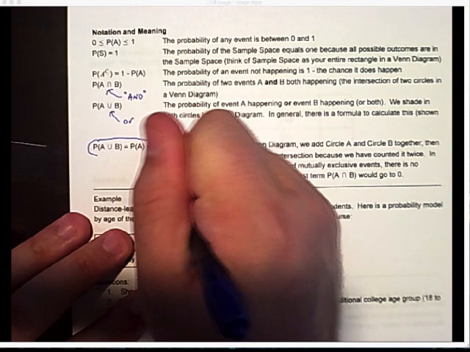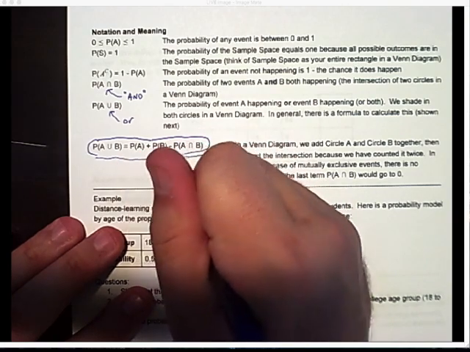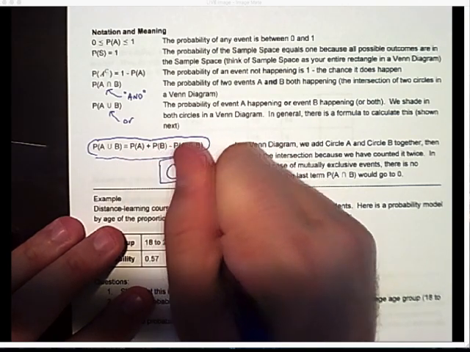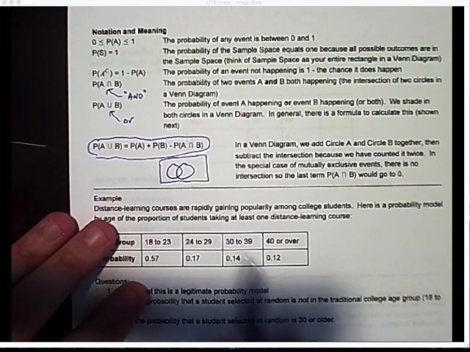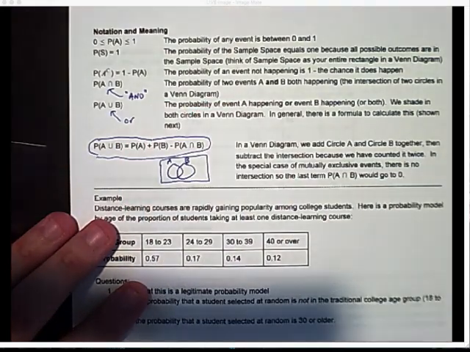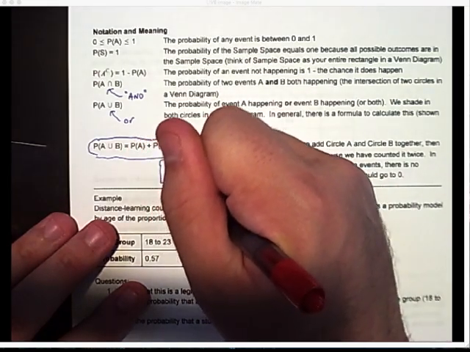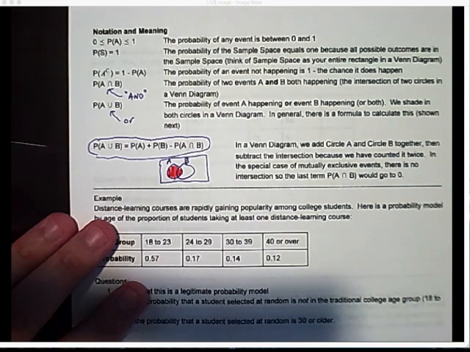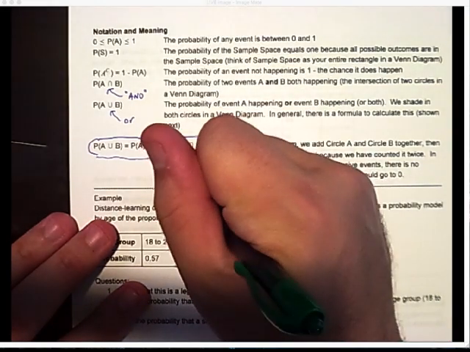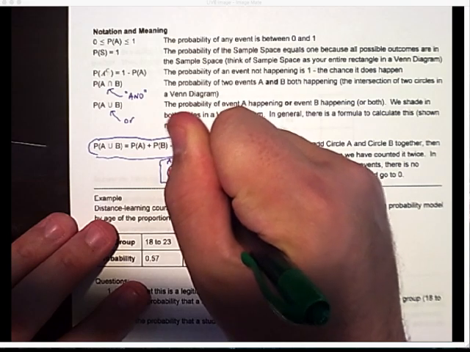And here's a general formula for how to calculate or. And in a picture, here's how we figure it out. If I want to figure out how much space this is, if this is event A and this is event B, you add up everybody that's in A, and you add up everybody that's in B, but the problem is that middle part.